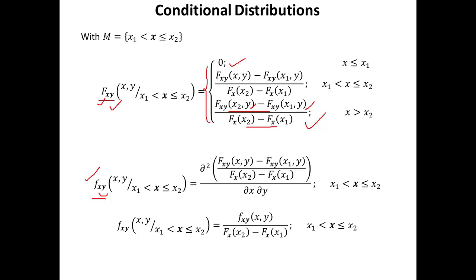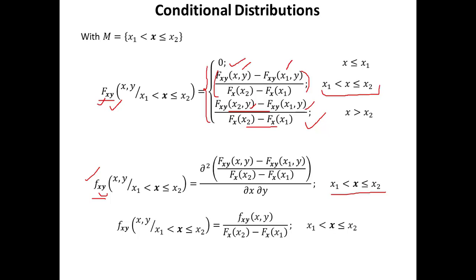It means a non-zero density function will exist only for this range of random variable x. That's why we are defining the density function only for this range, and that will be equal to del square by del x del y of this function. But in this function, the numerator again contains two components. One depends on random variable x, but the other is independent of random variable x.